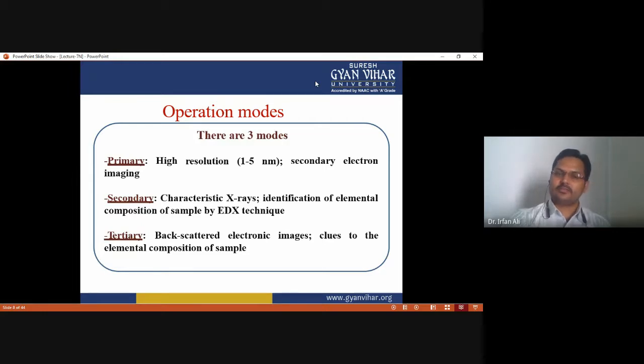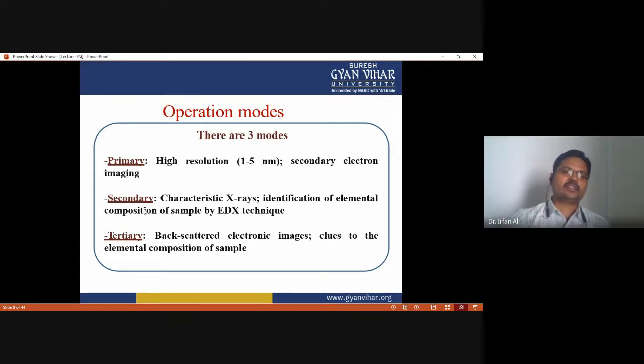What is the operational mode of scanning electron microscopy? There are three kinds of modes in which we can operate it: primary, secondary, and tertiary. Primary means high resolution, up to 1 to 5 nanometers, with secondary electron imaging.